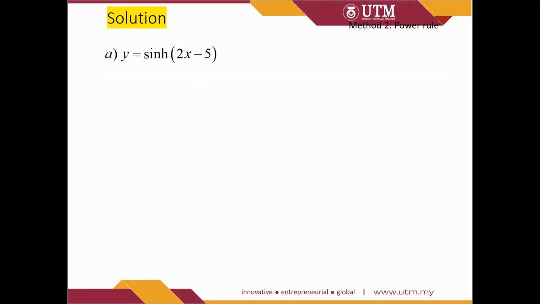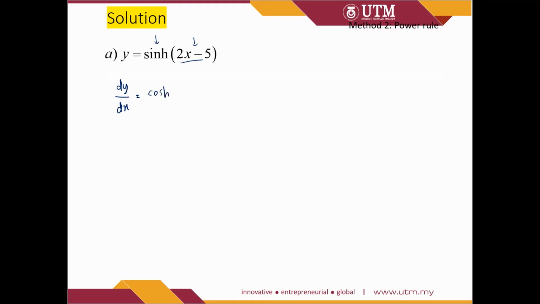Okay, the next one is using the power rule. Power rule means we just have to directly solve the differentiation. So for dy over dx, you have to differentiate the most outer function first and remain the inner function. For this one we have two functions: the first one is the hyperbolic function and the second one is the algebraic function. So we should differentiate two functions here. The first one is to differentiate sinh.